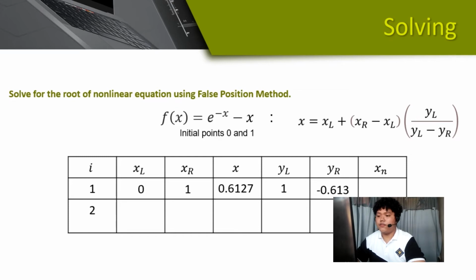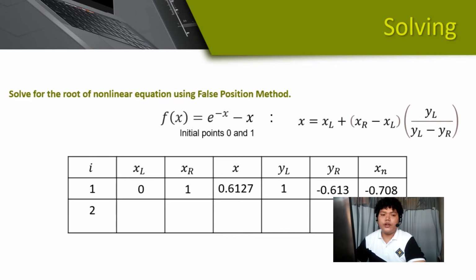And to find the function of x, we will substitute the value of x to the formula, which is e raised to the power of negative 0.6127 minus 0.6127, and we will have a value of negative 0.0708. So here are the values of our first iteration.